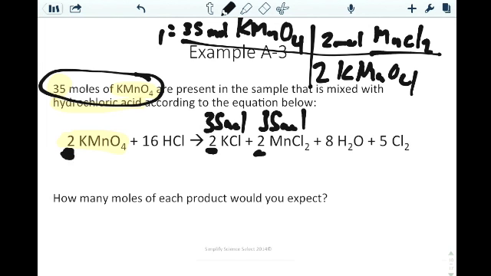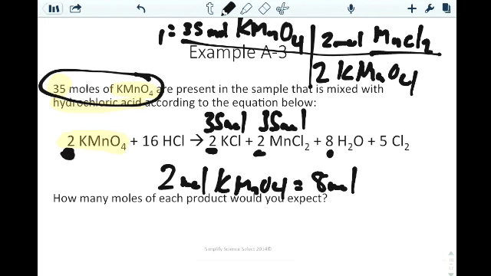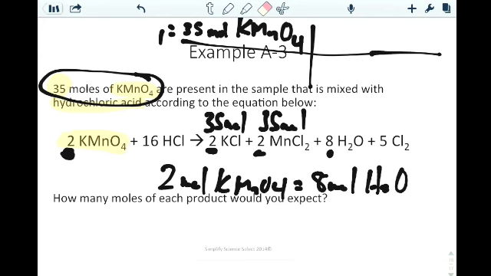Okay, the next one is a 2-to-8 ratio. So 2 moles of KMnO4 equals 8 moles of H2O. Okay, so when we're setting it up, do the same thing, start with the same exact number.